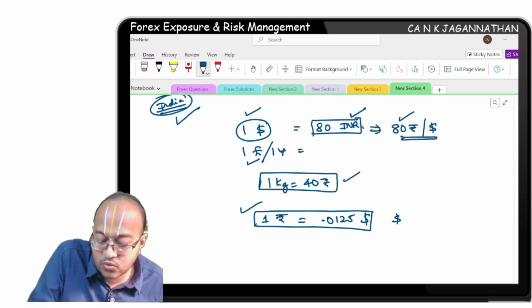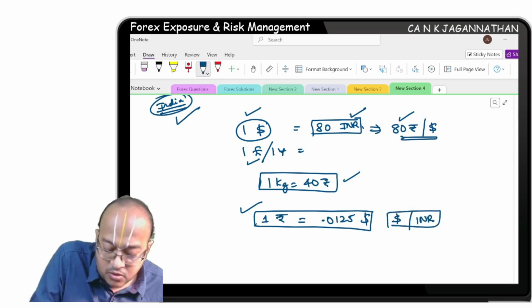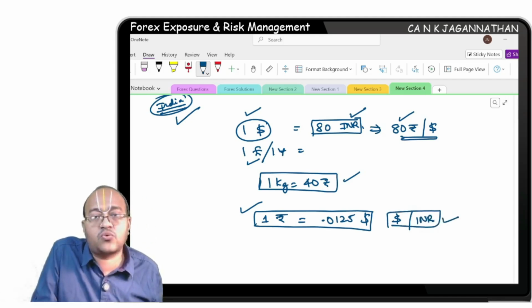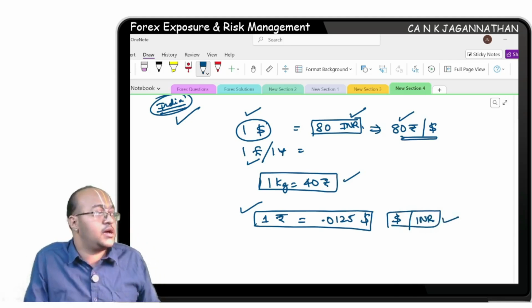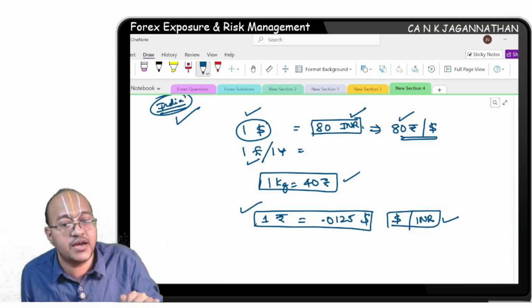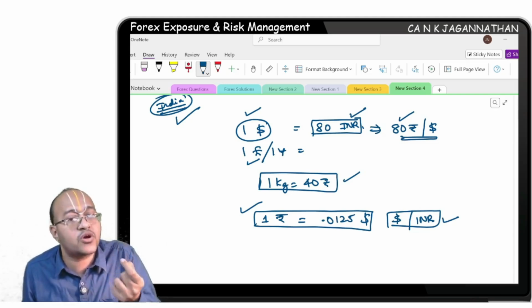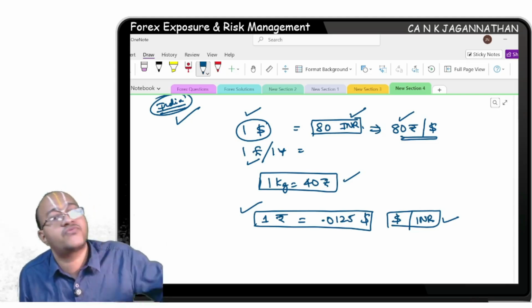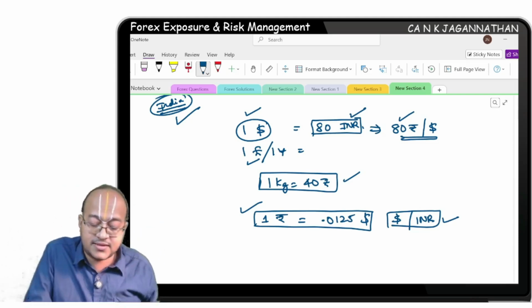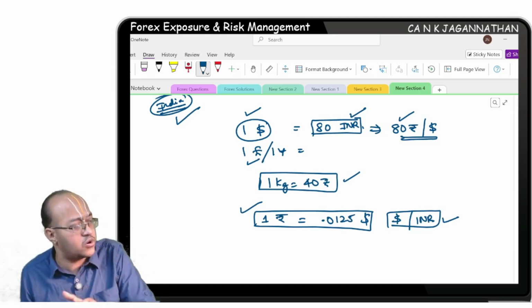This is nothing but US dollar per INR, which means $0.0125 per INR. If this is the quote given in India, this is nothing but 1 unit of INR in so many units of foreign currency. This is an indirect quote. Are you all understanding the difference between direct quote and indirect quote?